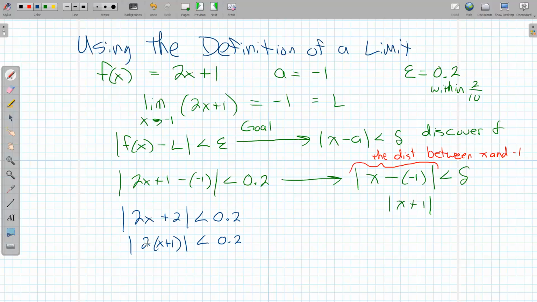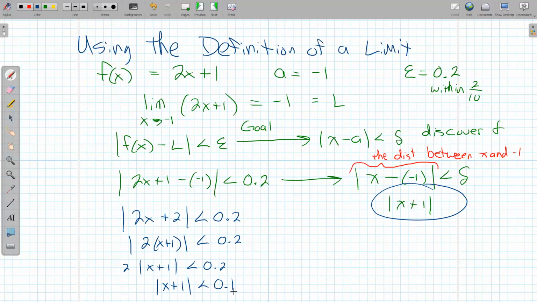And since 2 is positive, it can pop out of the absolute value. So this can be written as 2 times the absolute value of x plus 1 is less than 0.2. And notice, I'm getting very close to that. If I just divide both sides by 2, I got it. So dividing by 2, the absolute value of x plus 1 has to be less than 0.1.